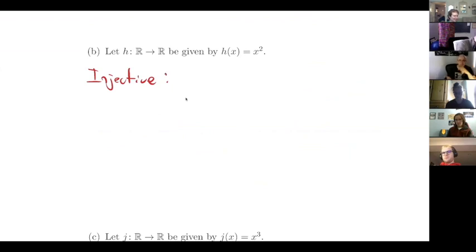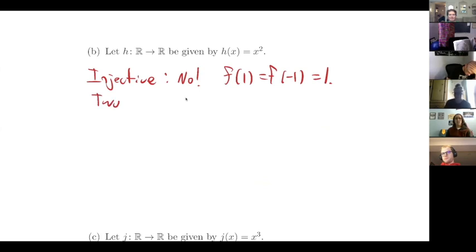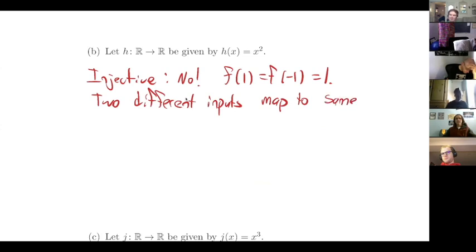Same reason as the last one. So that violates the definition of injective. So it's not going to be bijective either.